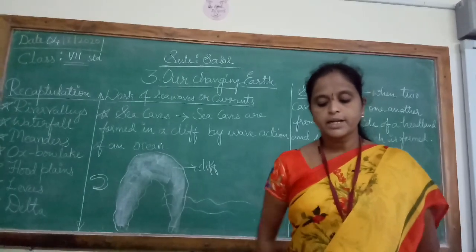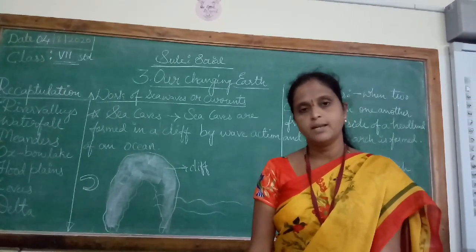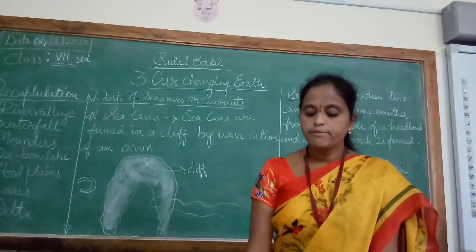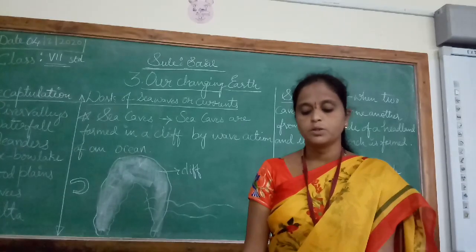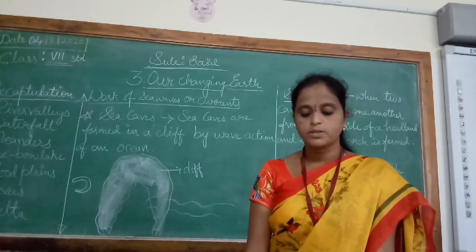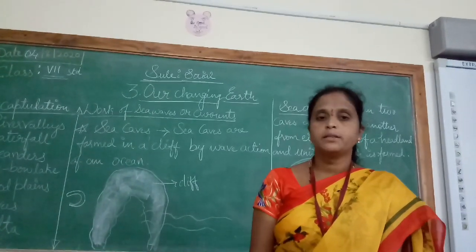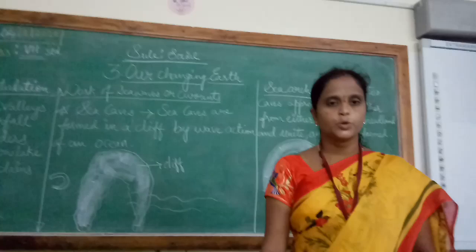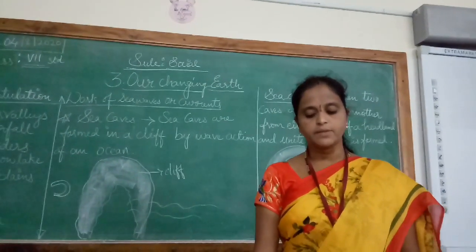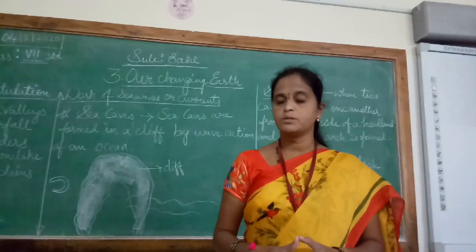The erosion and deposition by the sea waves give rise to coastal landforms, such as beaches. Strong wind raises a ridge of water which dashes against the seashore with great force. These are called sea waves, or the movement in the sea water. I will repeat once again, the erosion and deposition by the sea waves give rise to coastal landforms such as beaches.